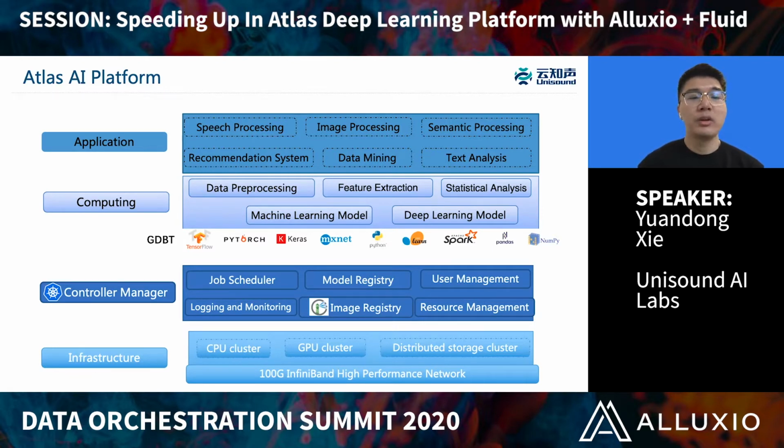In computing lab, we need to support data processing, feature extraction, and statistical analysis jobs, with many different environments and frameworks like TensorFlow, PyTorch, or MXNet. So we choose the container as the runtime of all jobs. And we have chosen Kubernetes as the container scheduling and management engine for the Atlas AI platform since 2016.